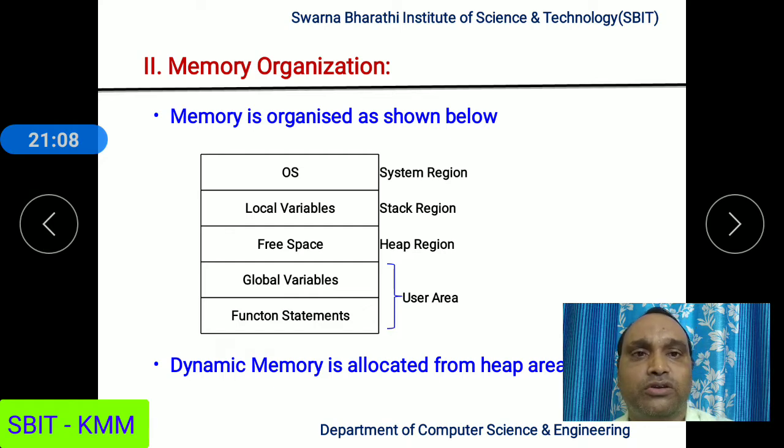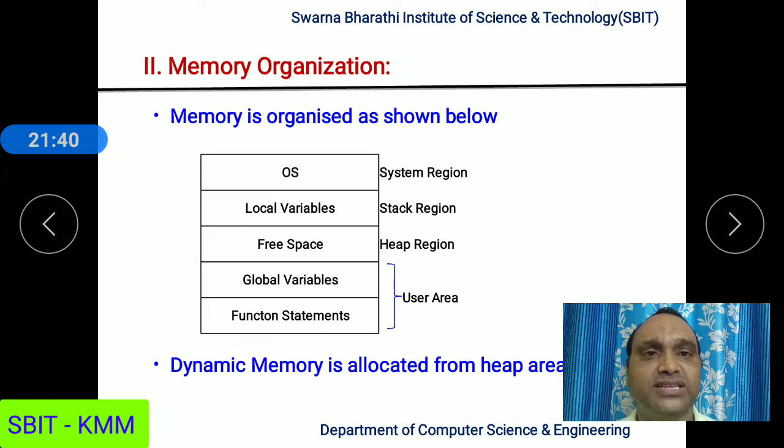So when you are making use of dynamic memory management functions, they allocate the space from this region of main memory. That region of main memory is called the heap region. From the heap region, space is allocated by the memory management functions to the user programs based on the user program request.